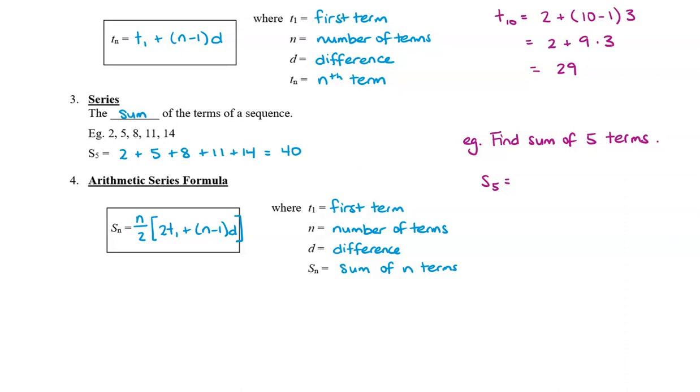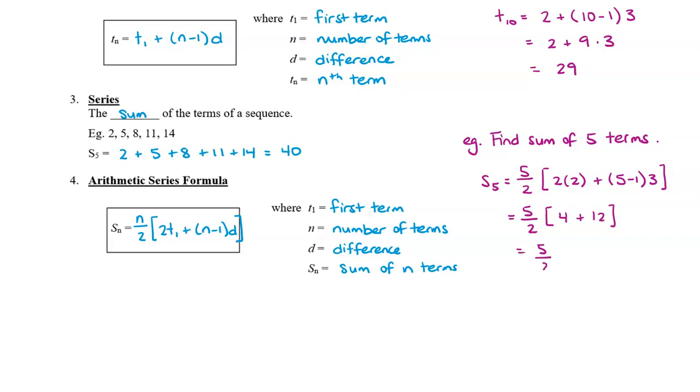In this sequence we have 5 terms, so it'll be 5 divided by 2, and then our first term is 2, so 2 times 2, and then n is 5, so 5 minus 1, times our common difference, which we found from before, is 3. You can type all of this into your calculator, or you can do some parts in your head first before you type it out. So 2 times 2 is 4, and 5 minus 1 is 4, times 3 is 12.